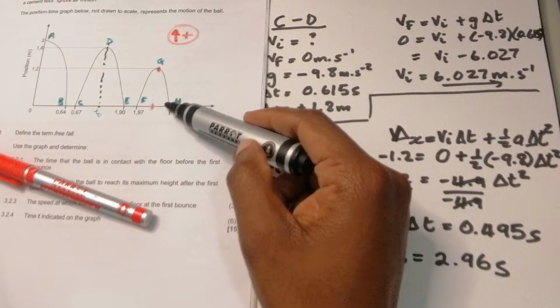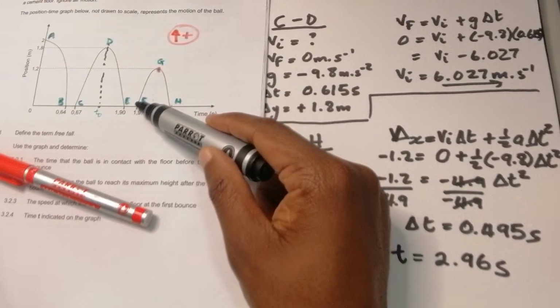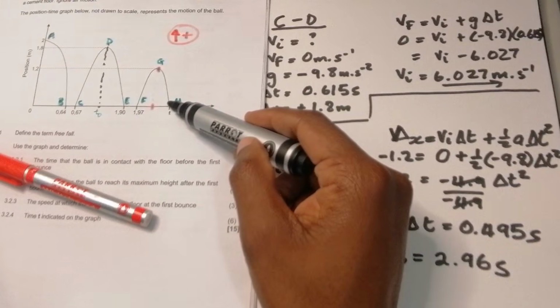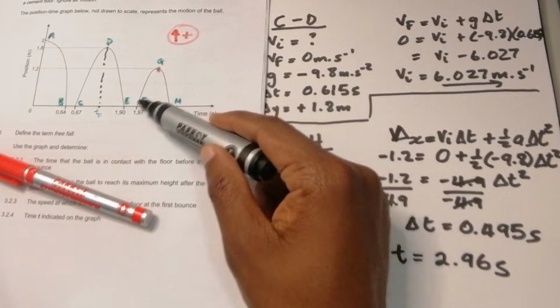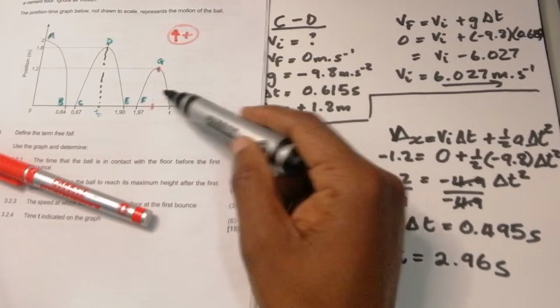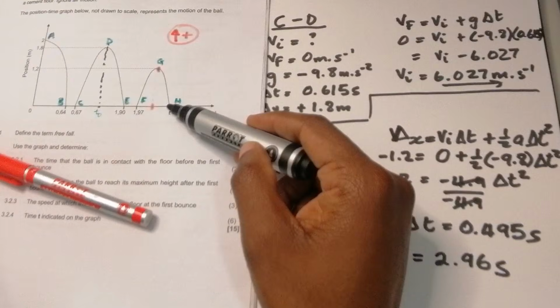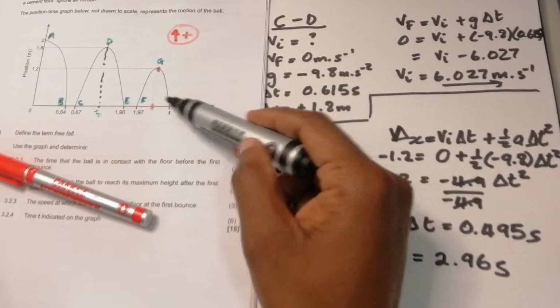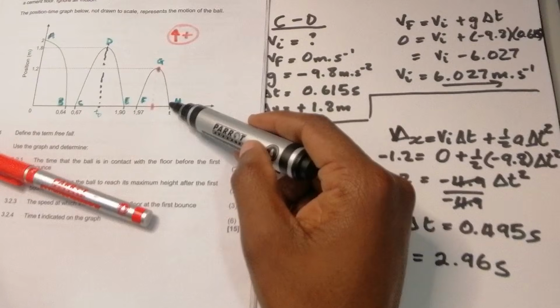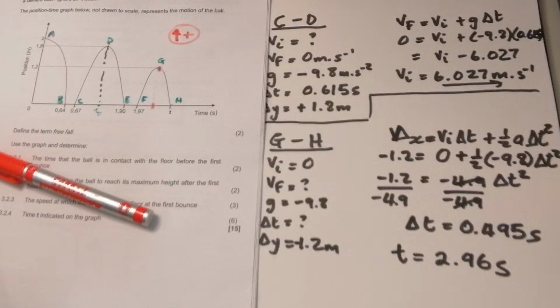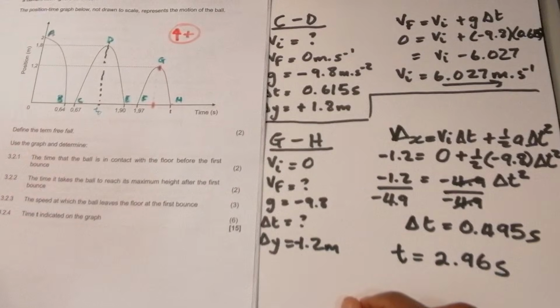Find the time between G and H. You would know what the initial velocity is, you would know what the final velocity is, because it would be the same as that initial velocity except for the sign. Find the time between those 2 points, sorry, F and H, I said G and H, F and H, and then add that to the 1.97. You should be able to get the same time.